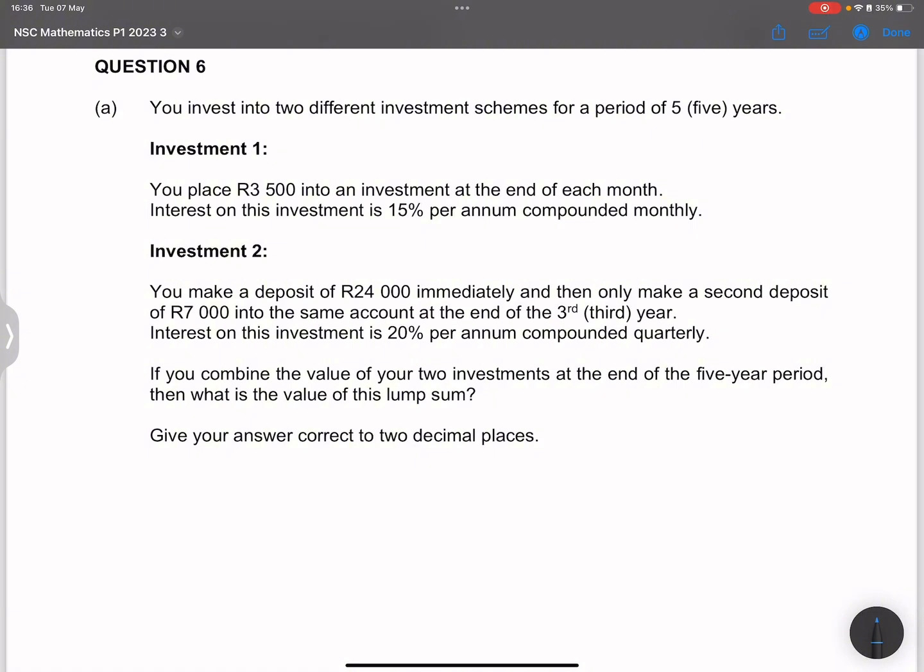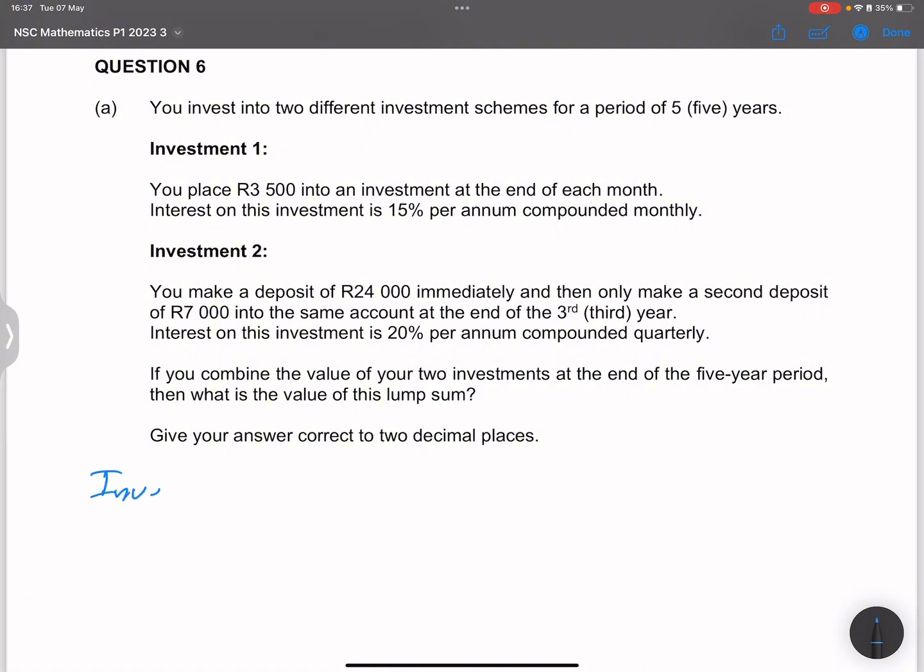Investment 2, you make a deposit of 24,000 immediately, and then make a second deposit of 7,000 in the same account at the end of the 3rd year. Interest of this investment is 20% per annum, compounded quarterly. If you combine the value of the 2 investments at the end of a 5-year period, what is the value of this lump sum? Give your answer correct to 2 decimal places.